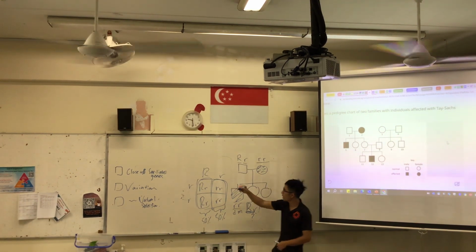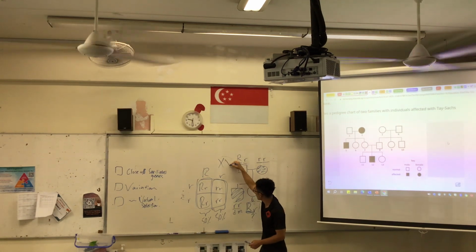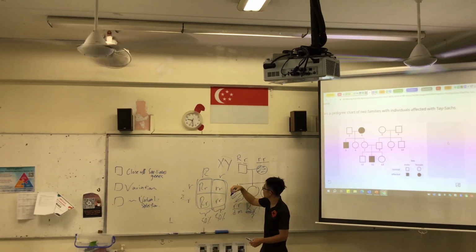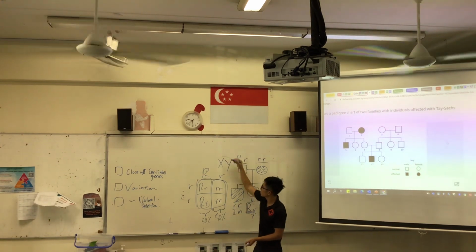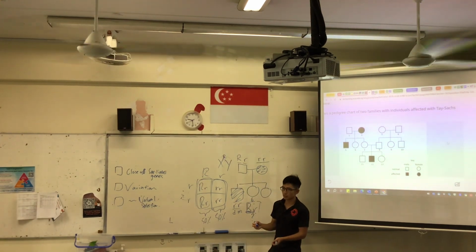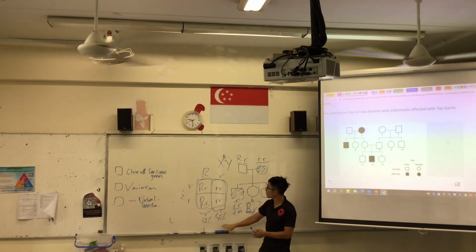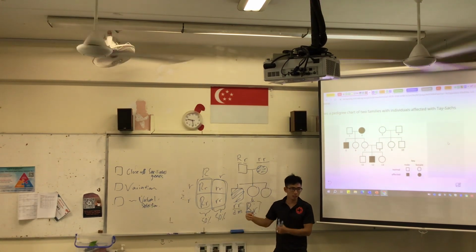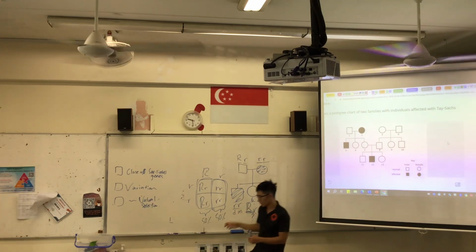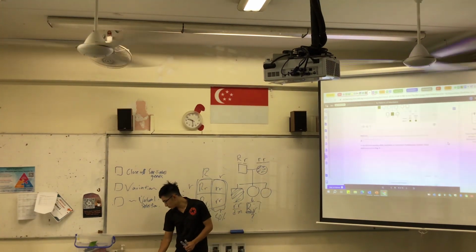Okay, so at the start, fair enough. It could have been, but even if it's at the start, this person doesn't have the disease, right? So most likely it would be like that. So even if it was sex linked, it wouldn't hold up this argument. Okay, understand how to do this question? Okay, let's go to the next one.